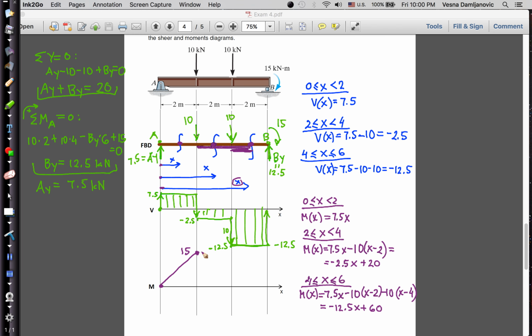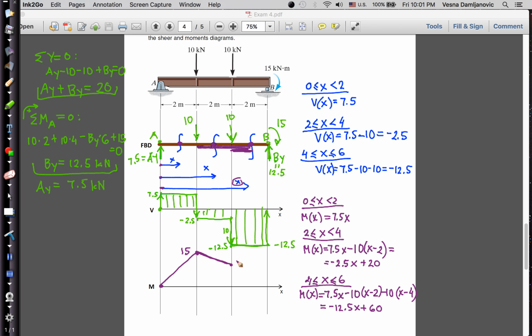And then we plug in the 4. 4 times minus 2.5 is minus 10, plus 20 is plus 10. So the value here should be plus 10. It's about up to here, approximately. And again, it's a straight line because this one is a constant, so this is a slope.